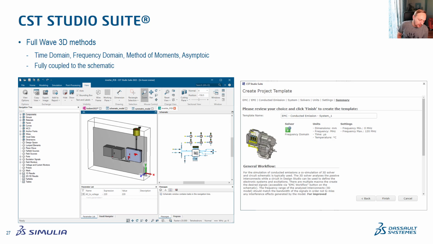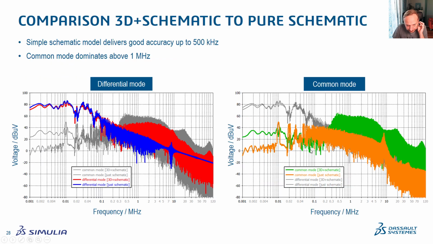Of course, this simulation is again done with CST Studio. Actually, you have a number of different solvers in CST Studio for the 3D simulation, but I choose the frequency domain method because that's typically the best choice for rather low frequency applications. We are in the kilohertz range. And also for having this many ports, the frequency domain approach is more efficient.